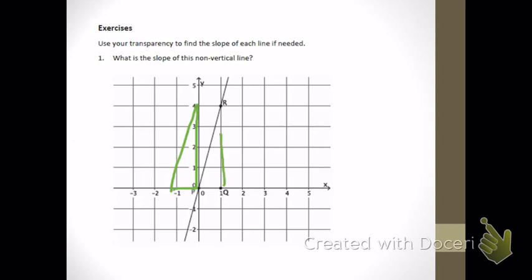This height here, I could just count it off on the graph as 4. But if I move it over, I can read the slope equals 4 directly. So in this case, m is equal to 4. And it's a positive slope because it's going up as we move from left to right.